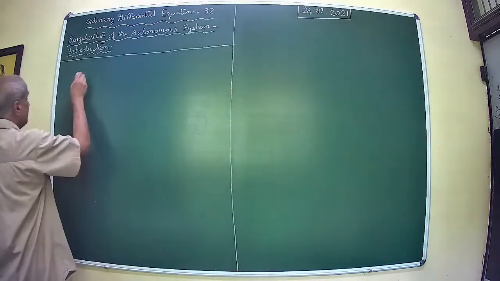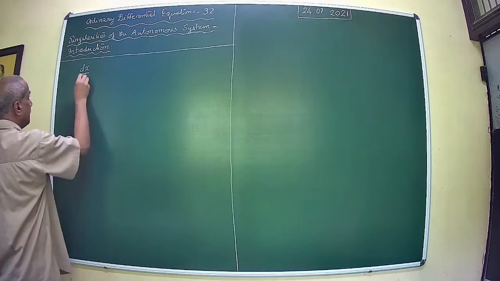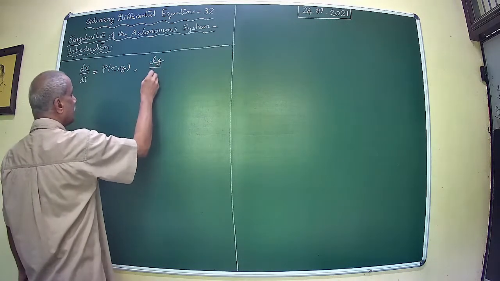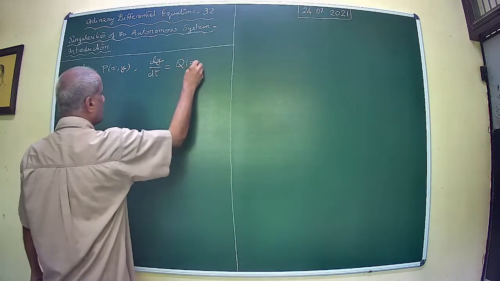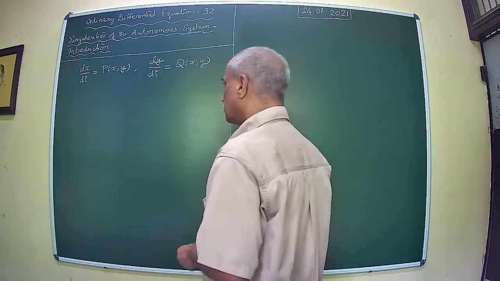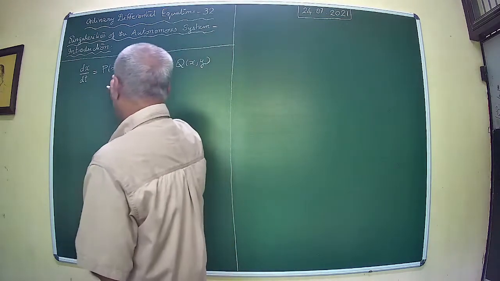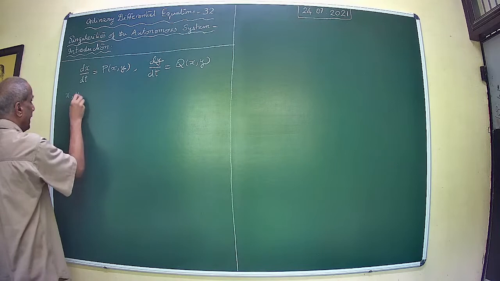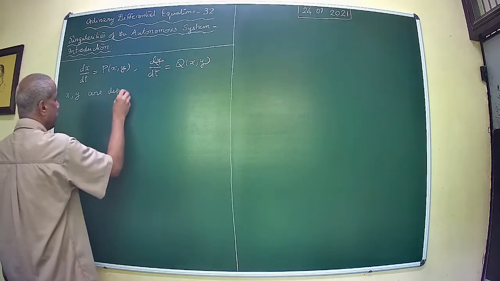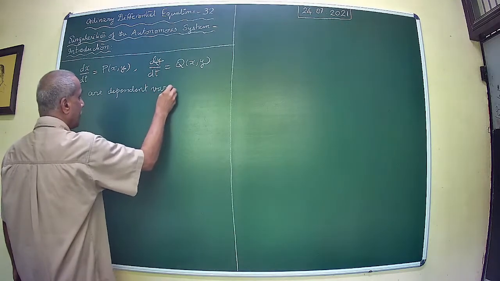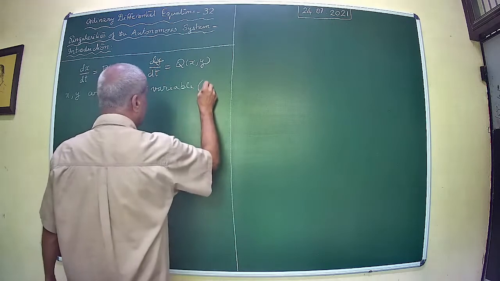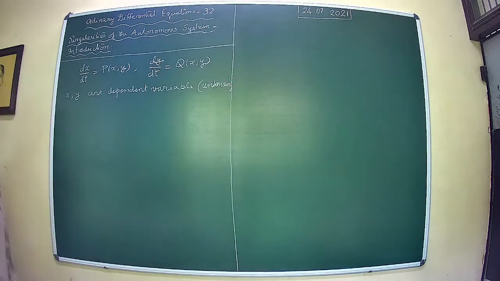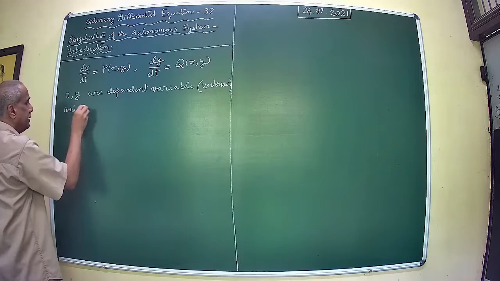So let us consider the system dx by dt equals p of x, y, dy by dt equals q of x, y, where x and y are dependent variables, or what you call the unknowns, and t is the independent variable.